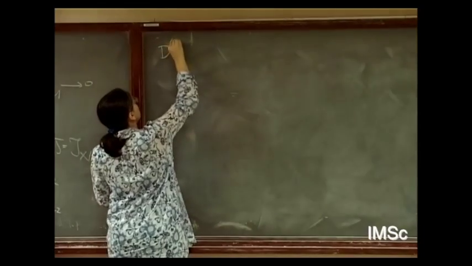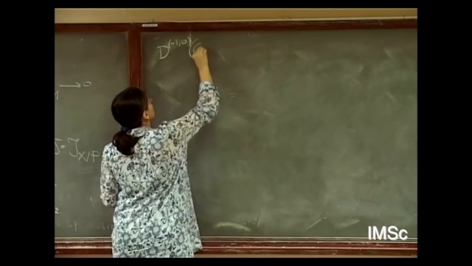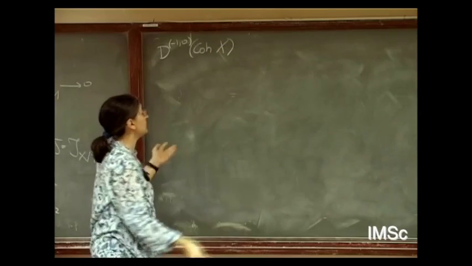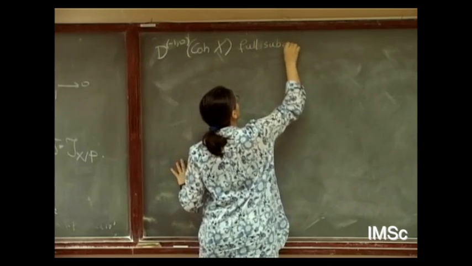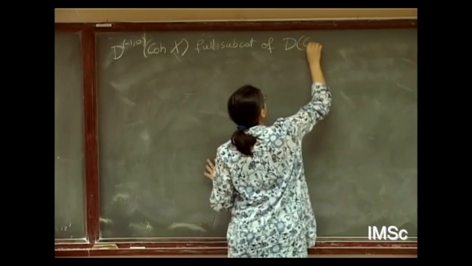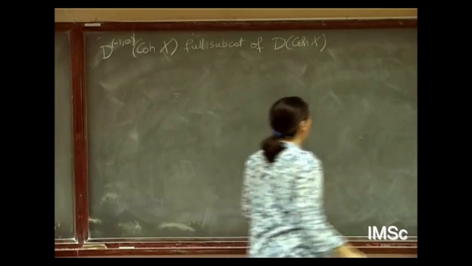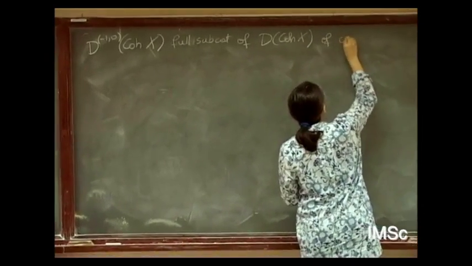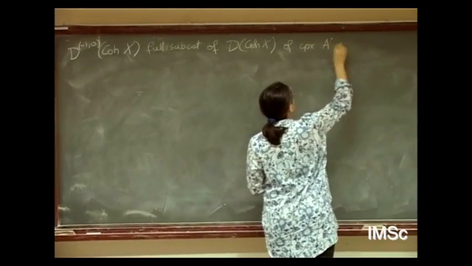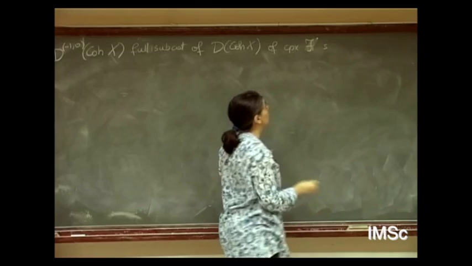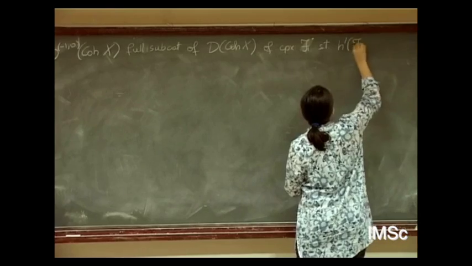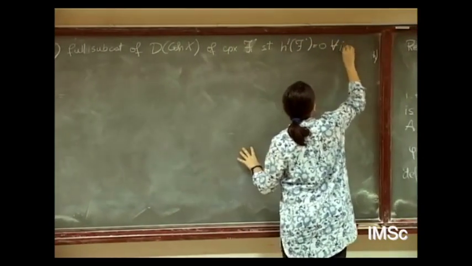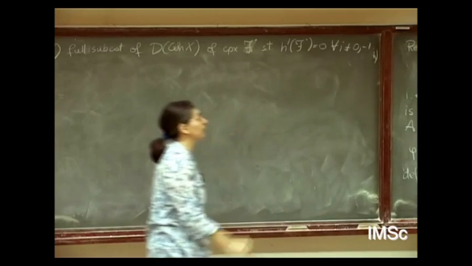So let me consider now D^[-1,0](Coh X), and this is supposed to be the full subcategory of D(Coh X) of complexes, where the objects are complexes, let me call them F^•, since they are coherent sheaves, such that H^i(F^•) is equal to 0 away from 0 and -1.